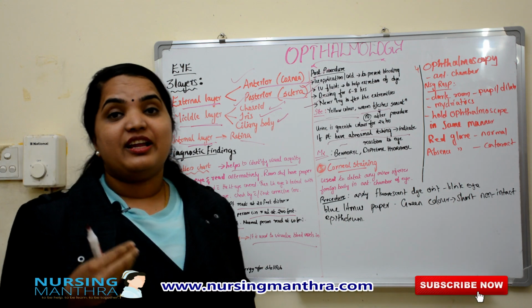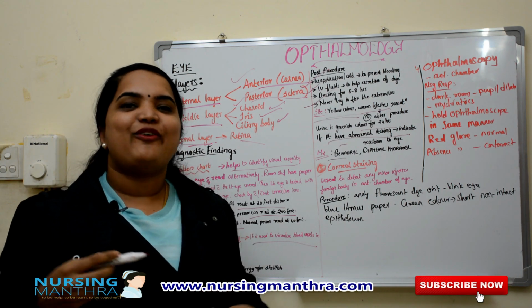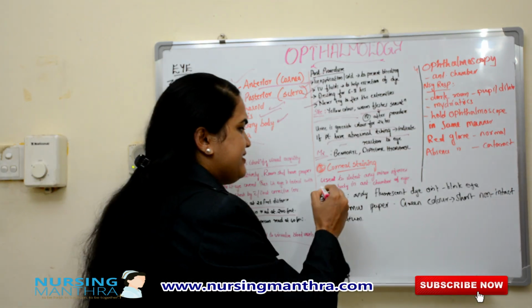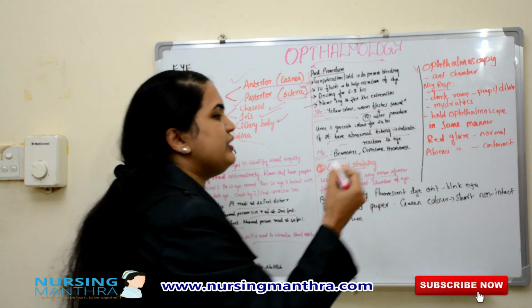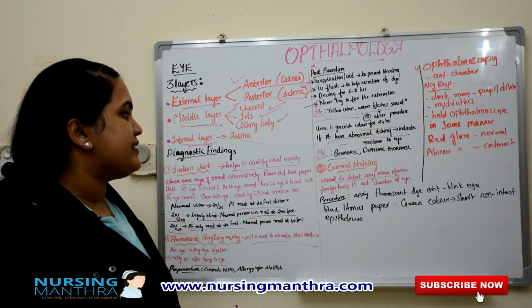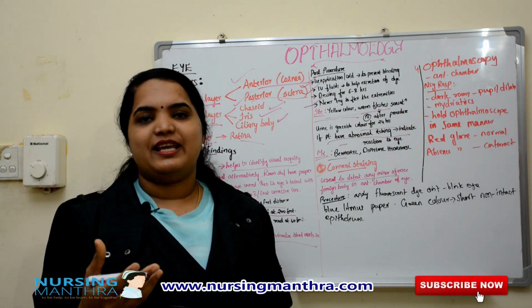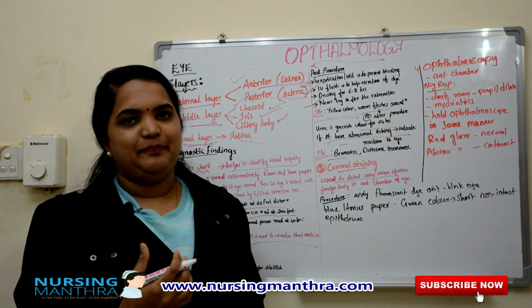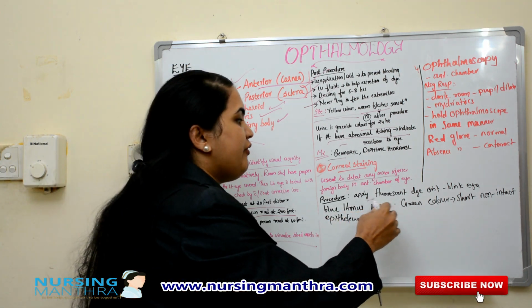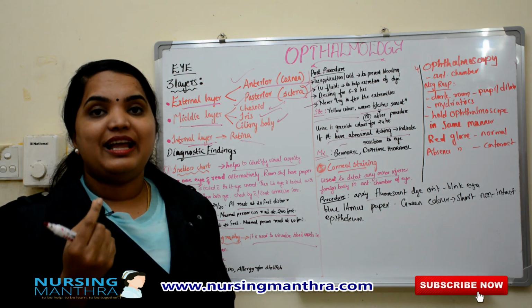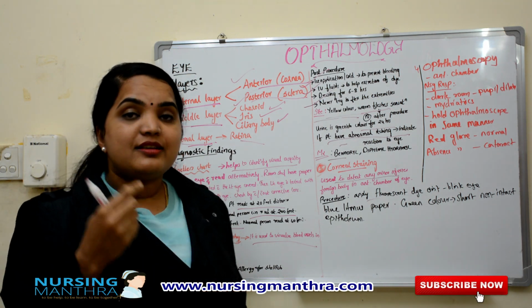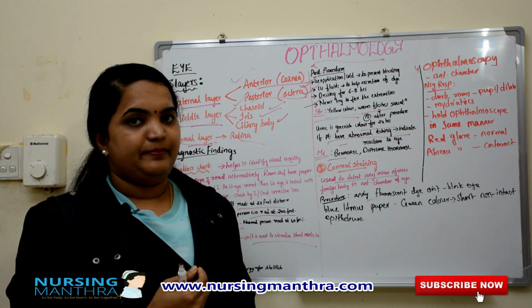Next, our next diagnostic procedure is corneal staining. What is corneal staining? It is used to detect any minor injuries or any foreign bodies in the anterior chamber of the eye. Here we apply the fluorescein dye ointment and ask the patient to blink the eyes.